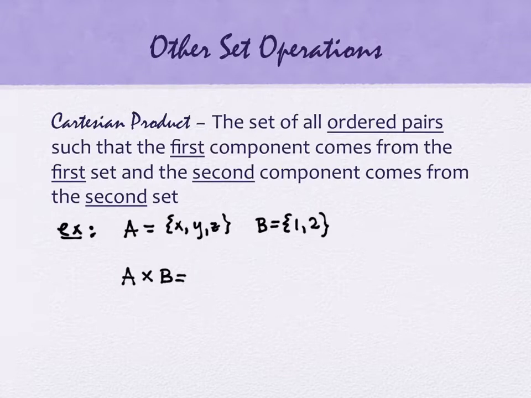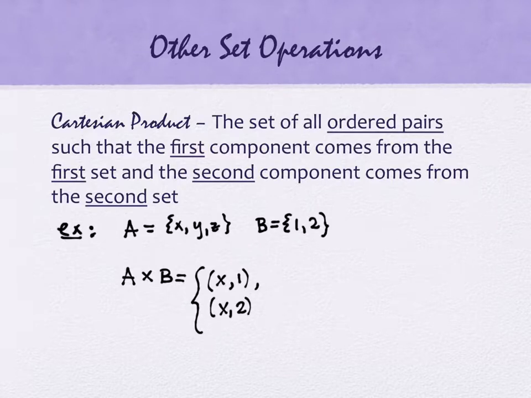So the Cartesian product is going to be a collection of ordered pairs where the first element comes from the first set and the second element comes from the second set. So the ordered pair X1 would be one of the elements in the Cartesian product. Another of them would be X2.